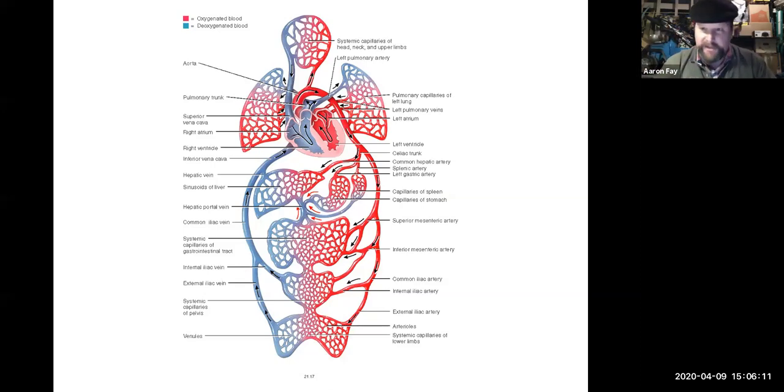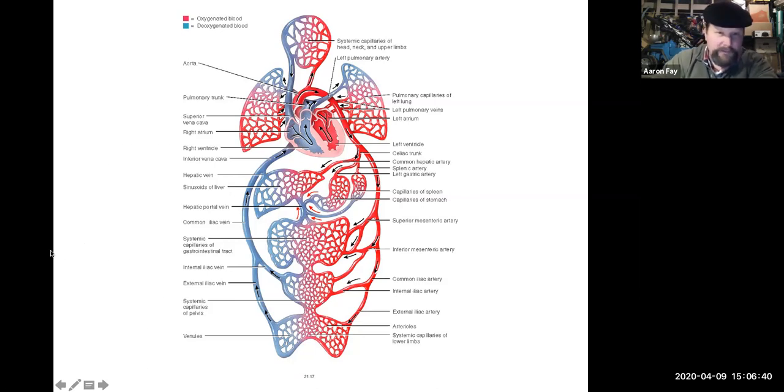We'll take a closer look at this later, but here is a really nice image where you can see artery to capillary bed to extra vein to extra capillaries in the liver, back to veins, and then back to the heart. So that would be an example of a portal system. Everywhere else in the body, or non-portal systems, you're going to go from an artery to a capillary bed to a vein back to the heart.